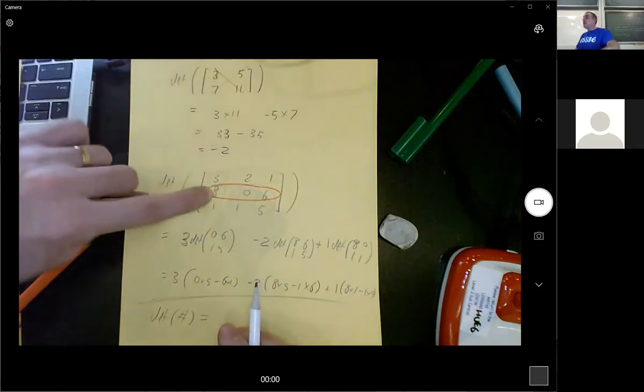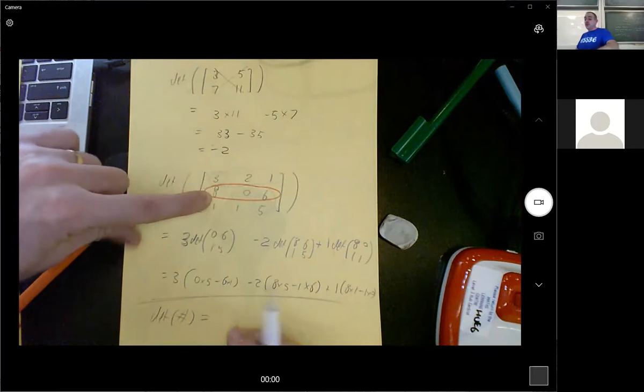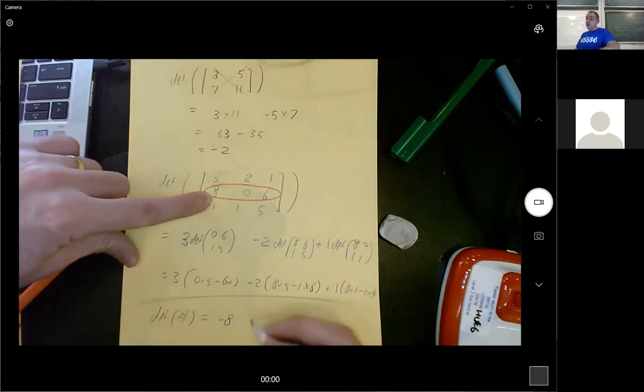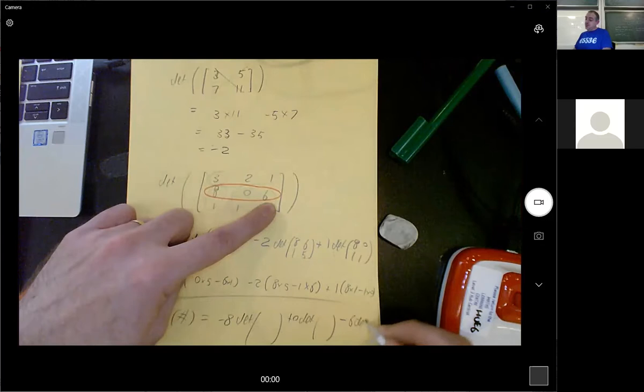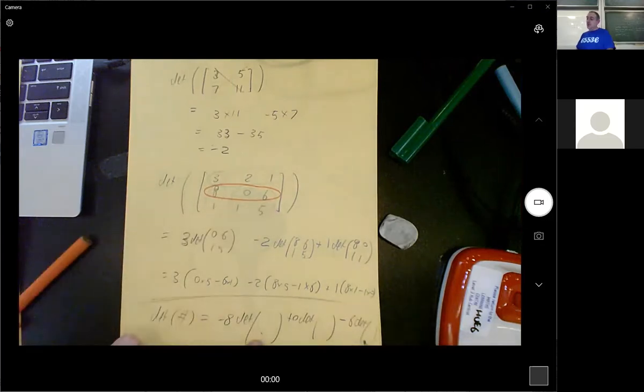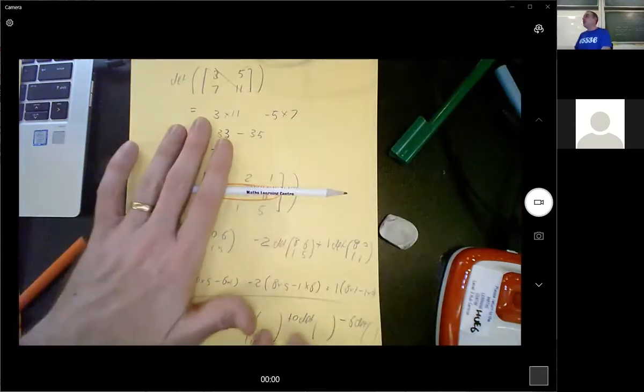That one would be a minus because I switched one position. It would be -8 times a determinant, plus 0 times a determinant, -6 times a determinant. And these determinants would be the ones you get by crossing out the position that you're in.